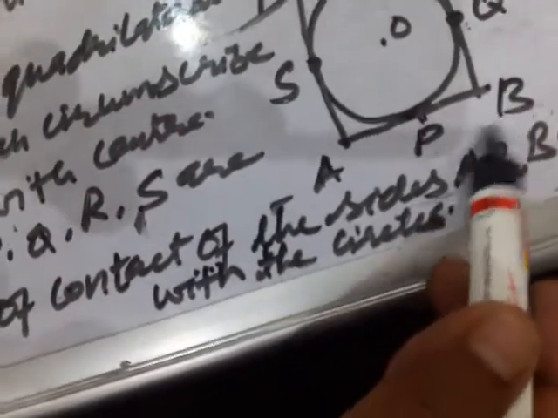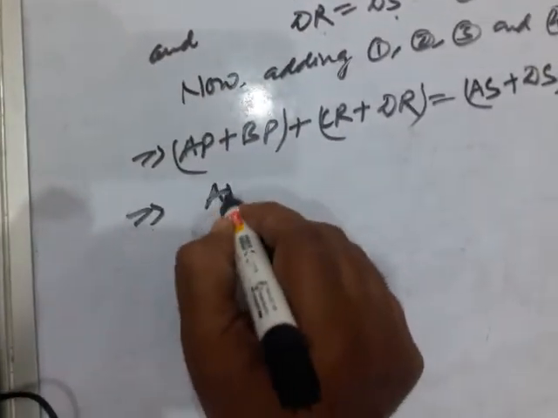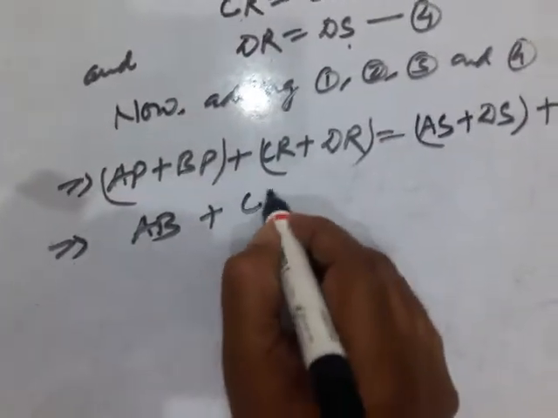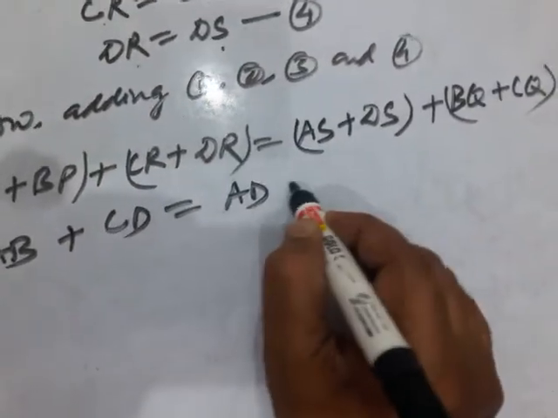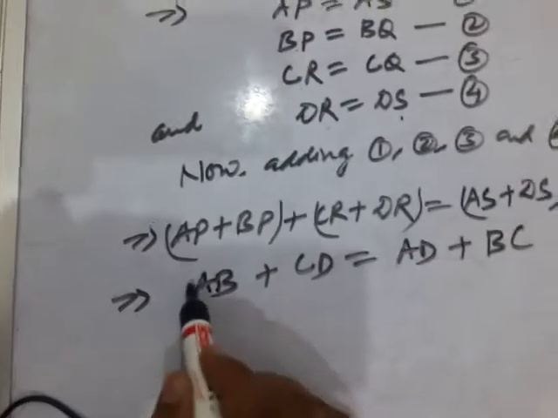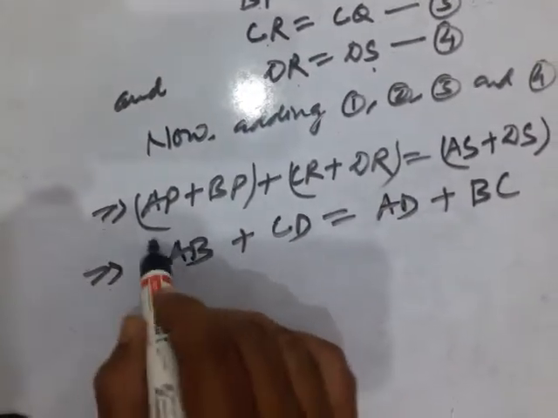Okay children, this implies that AP plus BP, see the figure, AP plus PB equals AB. So AB plus CR plus DR, which equals CD, equals AS plus DS, which equals AD, plus BQ plus CQ, which equals BC.